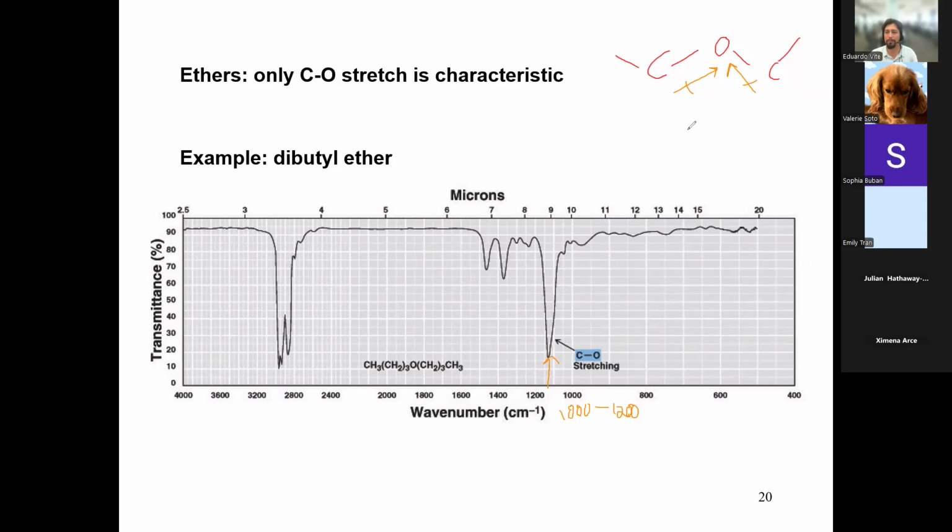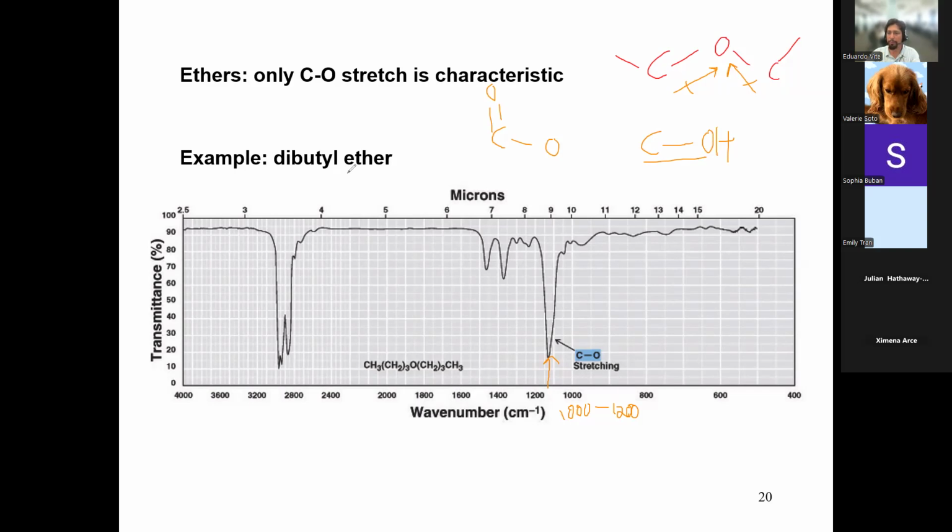Remember that if you have carbon and an OH, this carbon oxygen bond is also going to show up here in the same region. And if you have an ester, which we will talk about eventually, which is a carbonyl with a carbon single bond oxygen, you're also going to find that ester carbon oxygen stretch in the same region. So this gives you some information, but sometimes it's not enough to determine for sure which one you have. You usually compound it with other stuff.